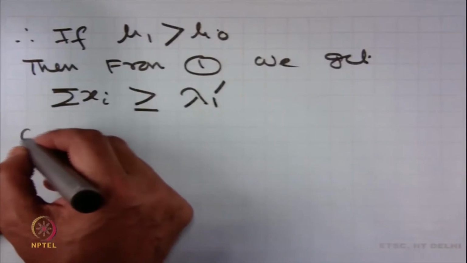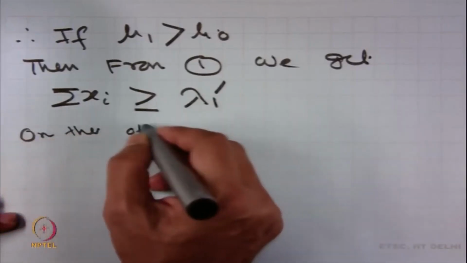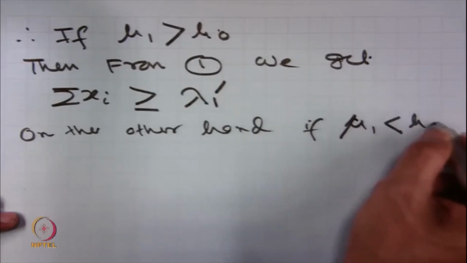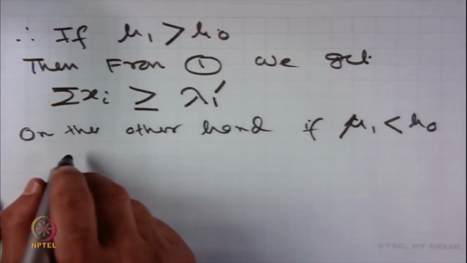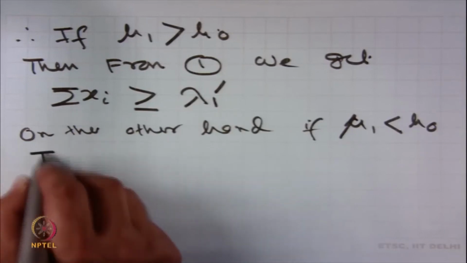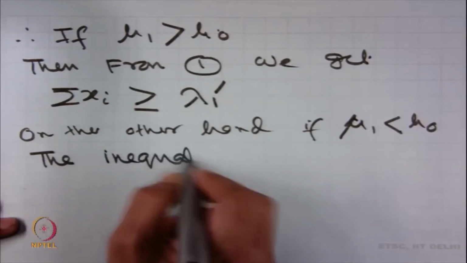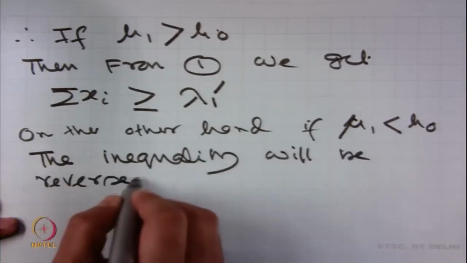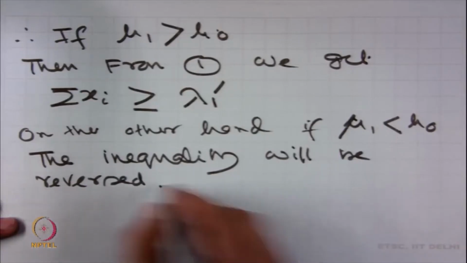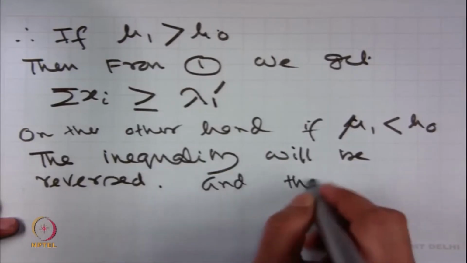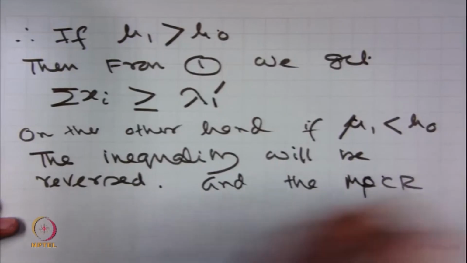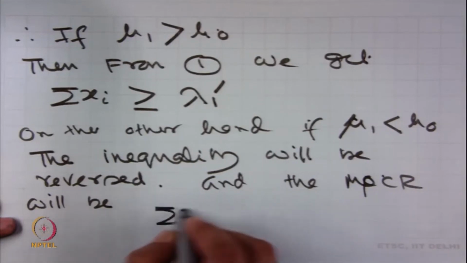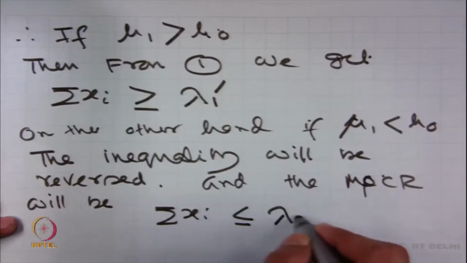On the other hand, if mu 1 is less than mu naught, then if we divide both sides by mu 1 minus mu naught, the inequality will be reversed and the MPCR will be sigma xi less than or equal to some constant lambda 2 prime.